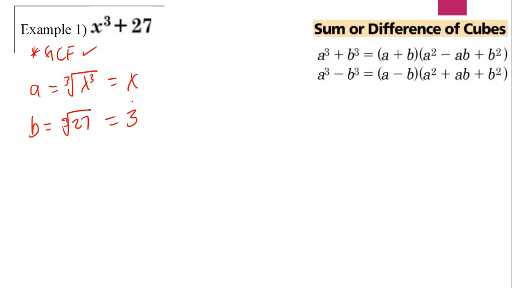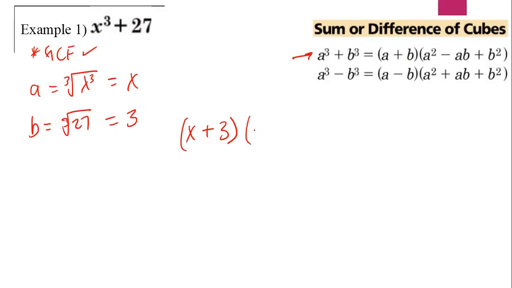All right. Now you have your A and your B, and you're just plugging it into the formula. So here we go. It says A plus B, so X plus 3. Are we okay with the binomial? Now it's going to be A squared minus A times B plus B squared.